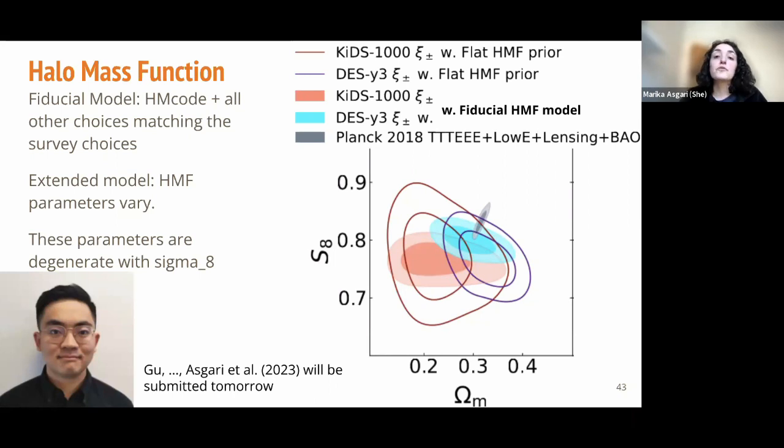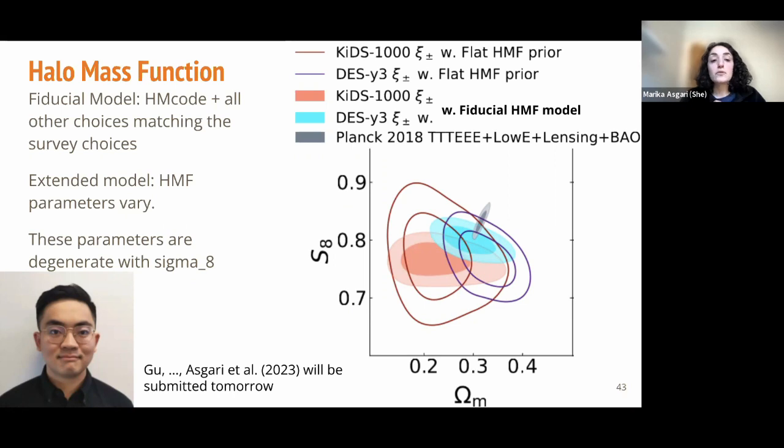So the fiducial values do match the data pretty well, and we don't have any smoking gun evidence that they are wrong. But if we fix the cosmology to Planck, we get different values for the halo mass function. So in principle, something like the halo mass function could resolve the tension. But with this analysis, we can't say that it is definitely the halo mass function that is not modeled correctly.